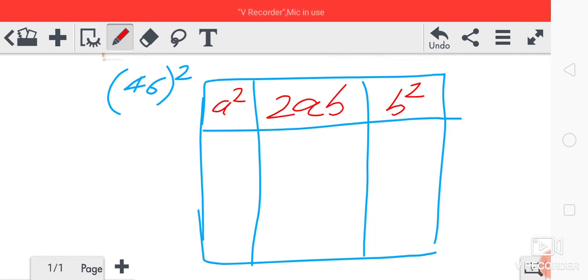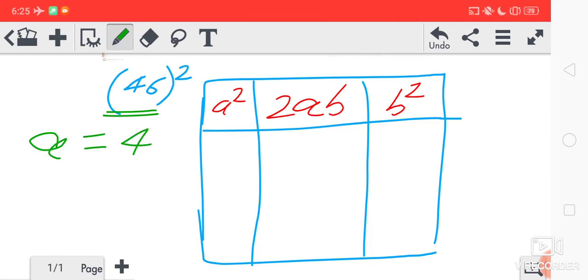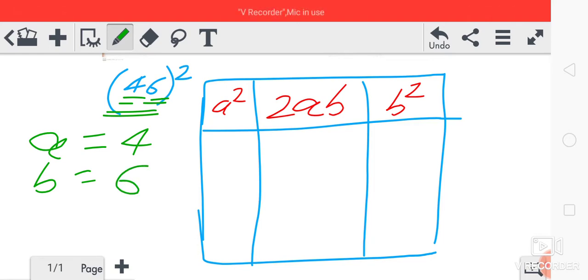Now look here, 46 square is there. In this we will consider a equal to 4, the first digit, and b the second digit, that is 6. So a is 4, and here we get 4 square.